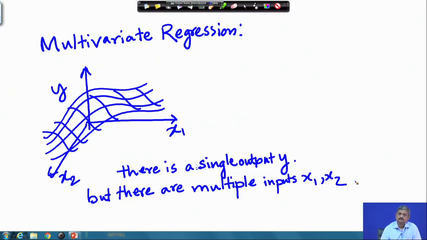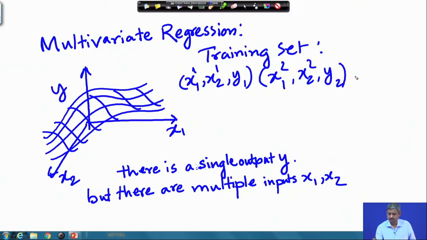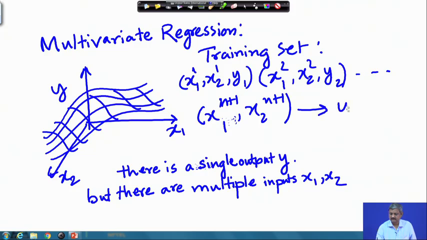Next. Here, for a new point, you have to predict y given x1 and x2. This is multivariate.